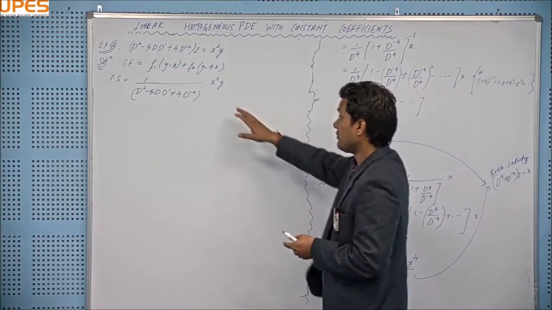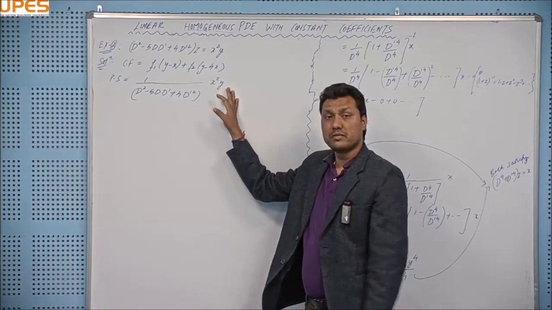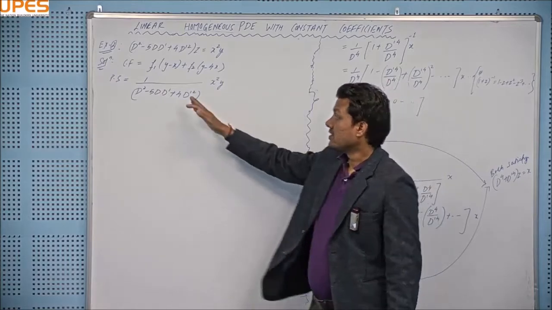And luckily the power of y is less, means the job will be done too easily, in spite of taking D' square common.